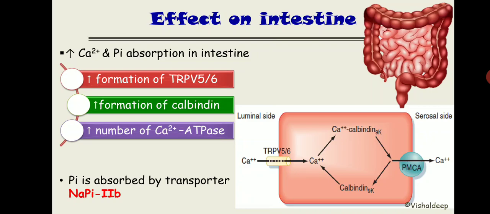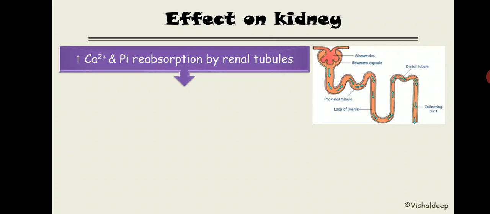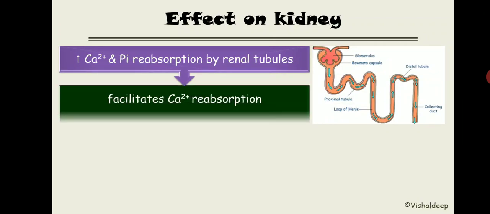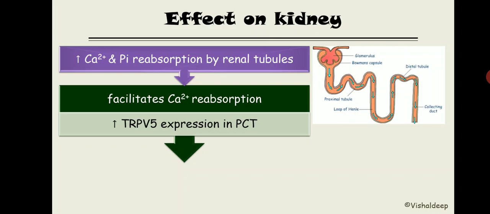Now, effect on kidney. The calcium and phosphate will be reabsorbed by the renal tubule. Vitamin D will facilitate calcium reabsorption at the proximal convoluted tubule by increasing the expression of TRPV5 on the proximal convoluted tubule. Now see, this is the difference between vitamin D and parathyroid hormone.